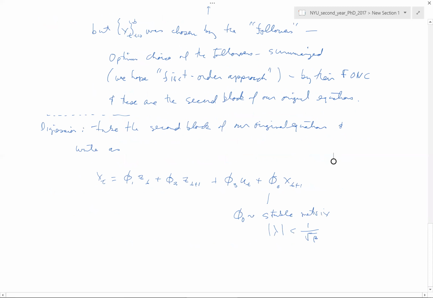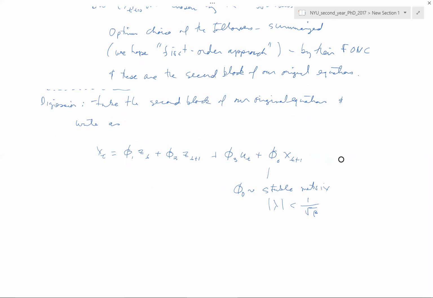So this is like the Euler equation for xt. And we could actually solve this equation forward to get the stable solution of it. And it would look like this.